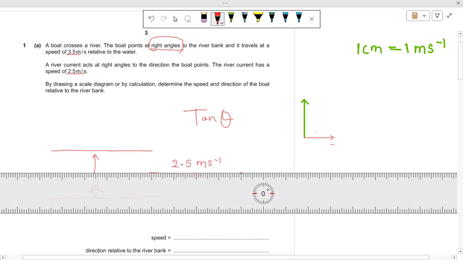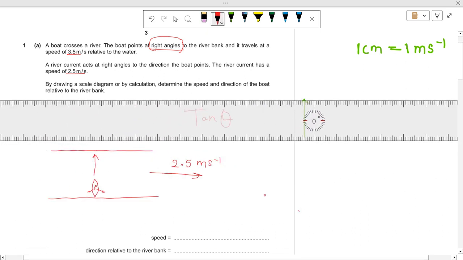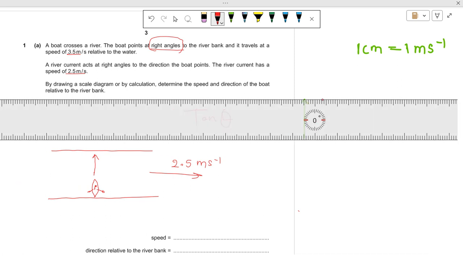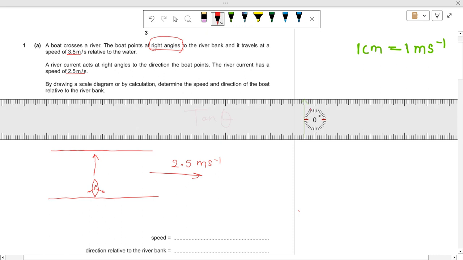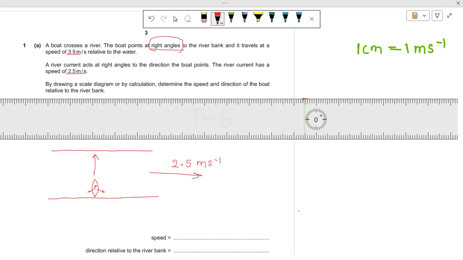If you draw it like this, it is incorrect, because when you try to find the resultant vector, the tail of the second arrow should be at the head of the first one. So 2.5 should start here.